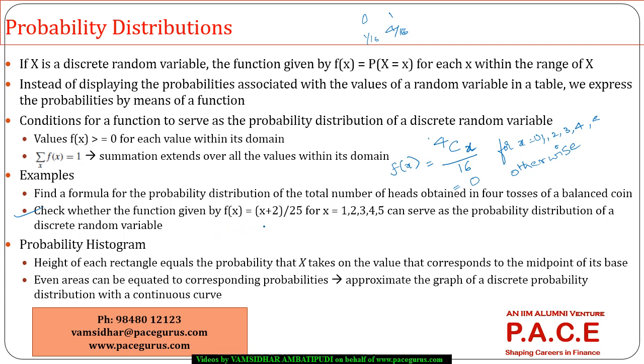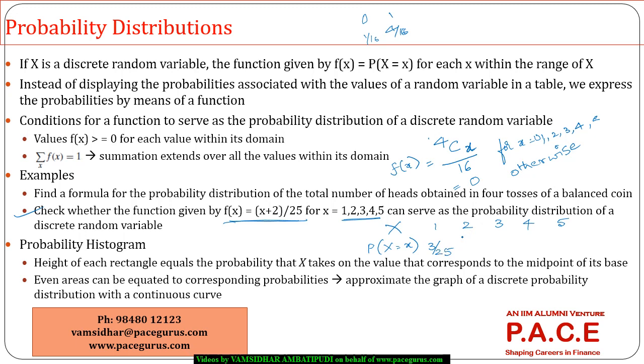Check whether the function given by f of x equal to (x plus 2) by 25 for x equal to 1, 2, 3, 4, 5 is a probability distribution. So let me take x taking values 1, 2, 3, 4, 5. The probability of x equal to 1 is (1 plus 2) by 25, which is 3 by 25.